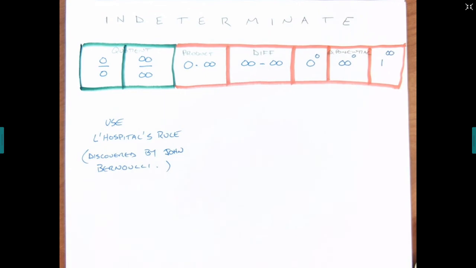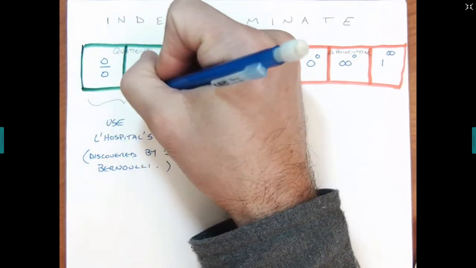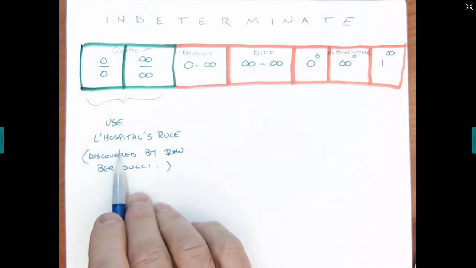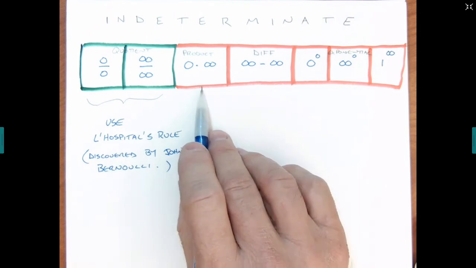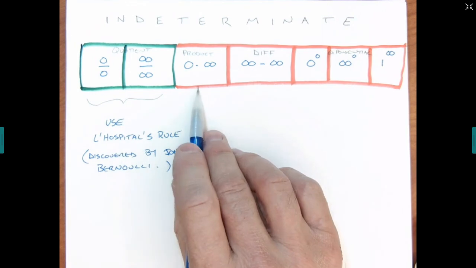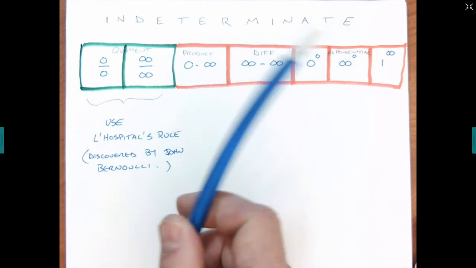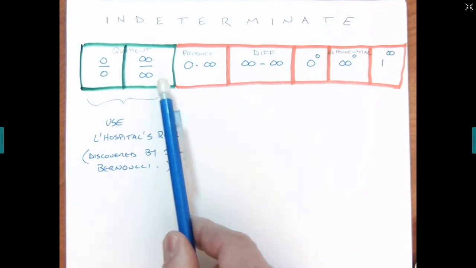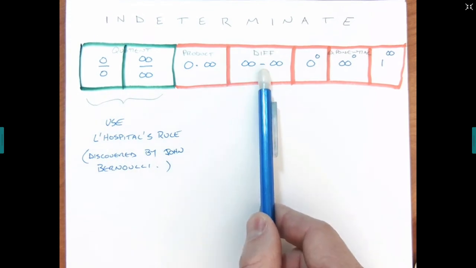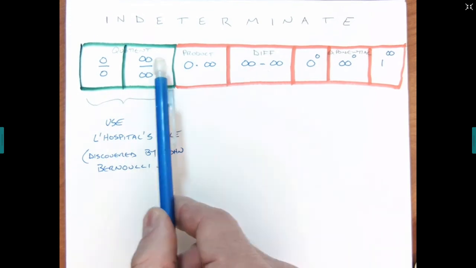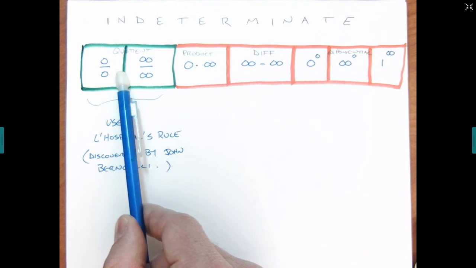And just a quick overview of when these things show up. For these two right here, we're going to use L'Hopital's rule. Now when we end up with a product, 0 times infinity, we're going to write it as a quotient so that we can use L'Hopital's rule. And when we have a difference, we're going to write it as a quotient so we can use L'Hopital's rule.